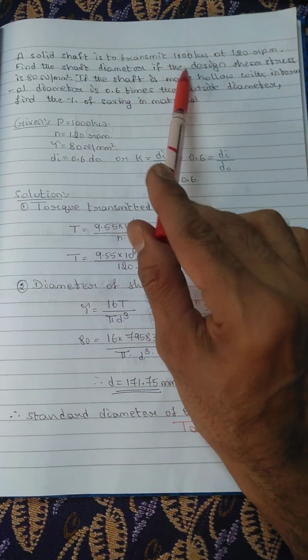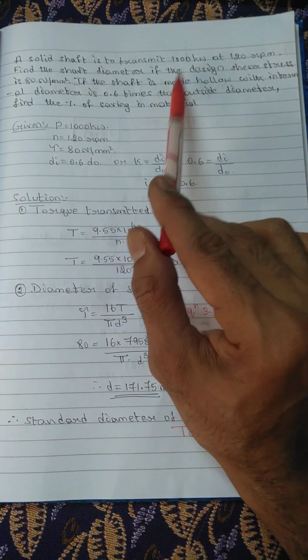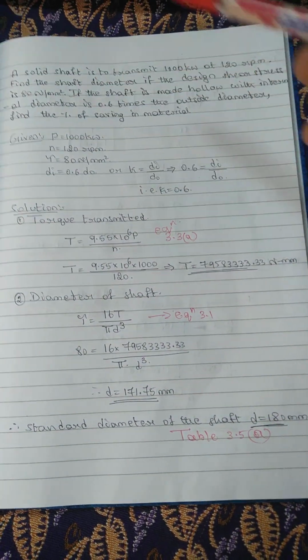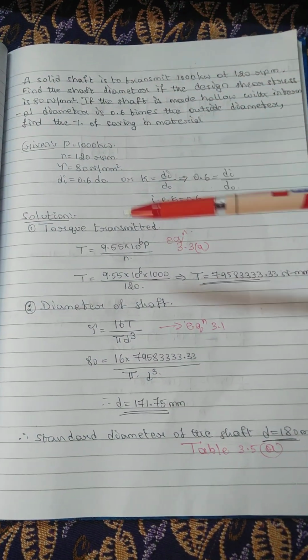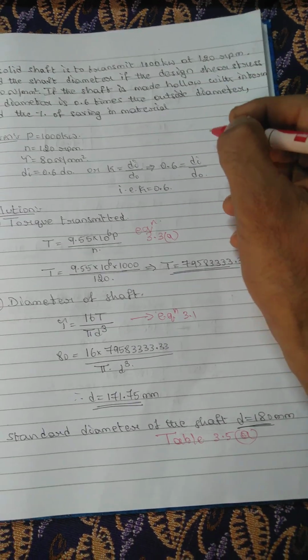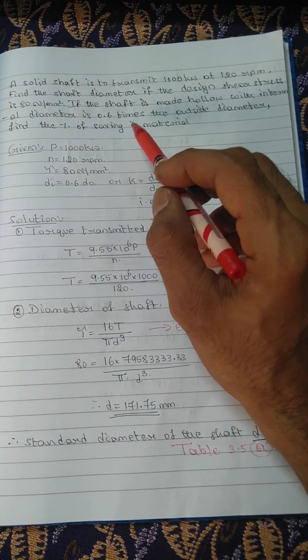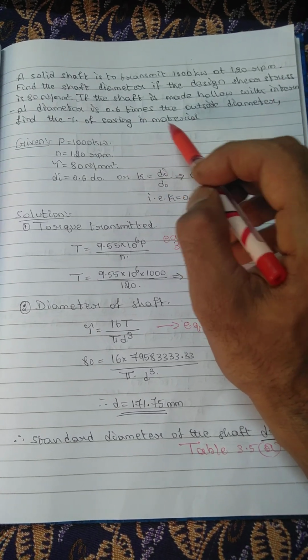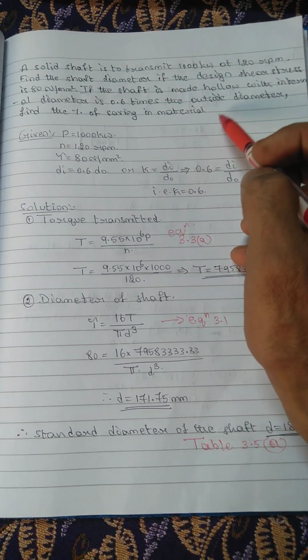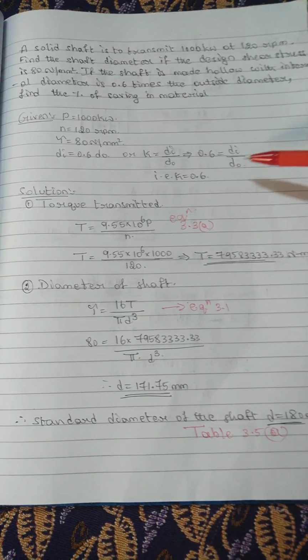And in place of the solid shaft, if we replace it with a hollow shaft, that is, if the material is removed from the solid shaft and made into a hollow shaft, then we have to calculate the percentage amount of material saved.